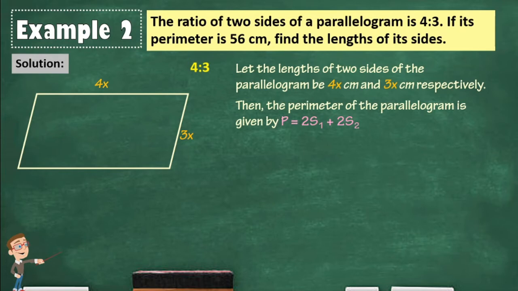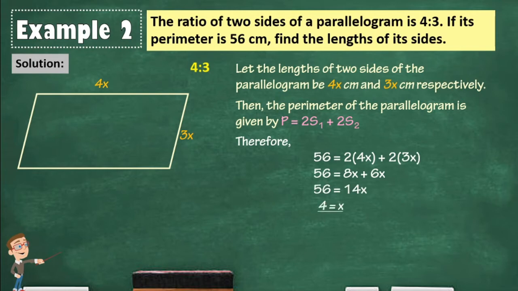Then, the perimeter of the parallelogram is given by the formula P is equal to 2 times S sub 1 plus 2 times S sub 2. P is the perimeter, S sub 1 and S sub 2 represent the sides of the parallelogram. Therefore, by substitution, we will have 56 is equal to 2 times 4x plus 2 times 3x.